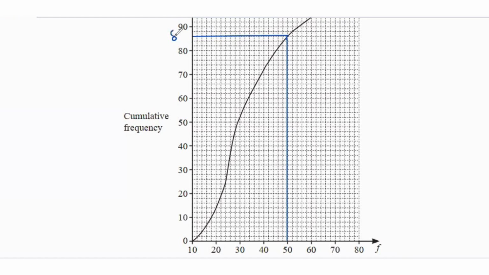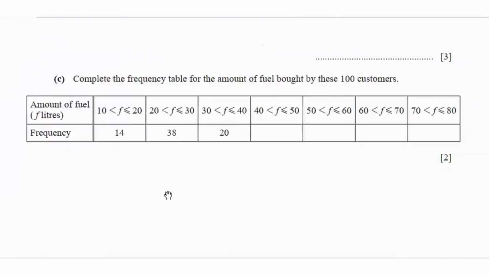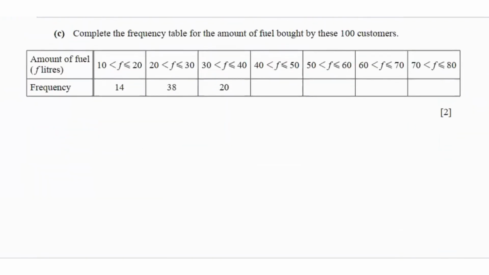So we go back to our table. If the cumulative frequency over here is 86, that means we will subtract 14, 38, and 20 from 86 to get the value over here. 86 minus 14 minus 38 minus 20 gives us 14. So that's the frequency for over here.